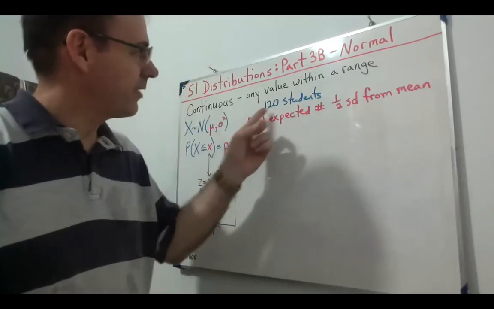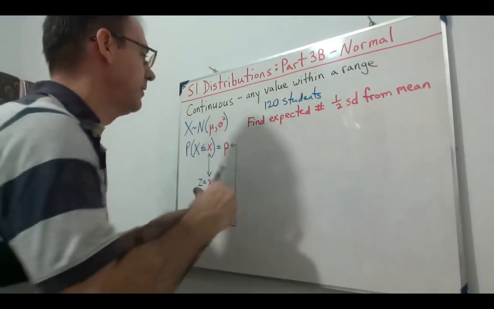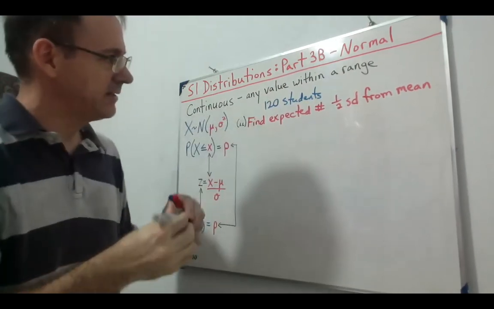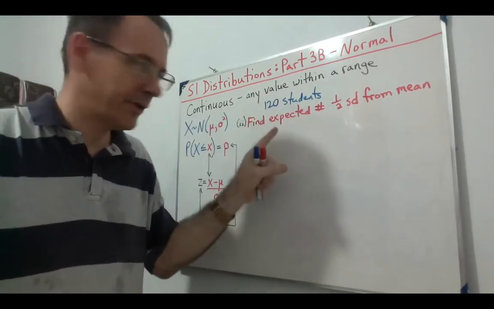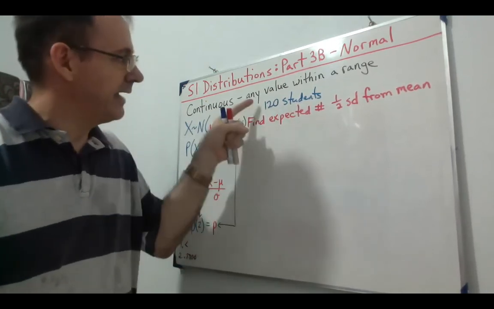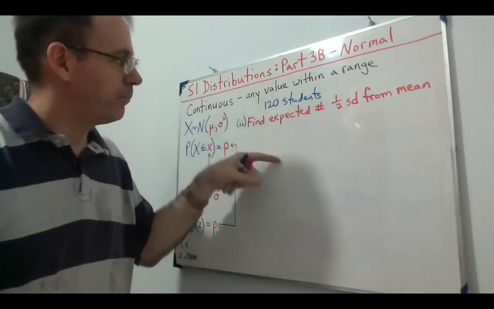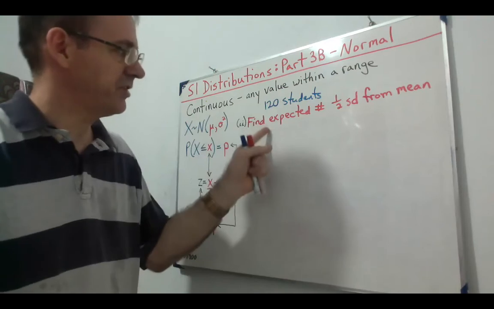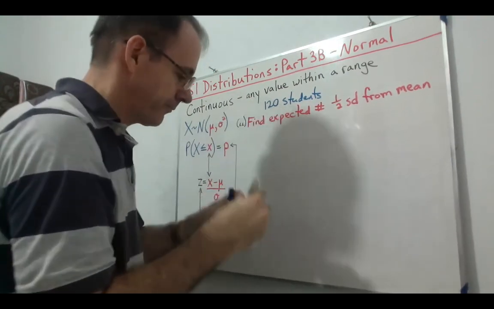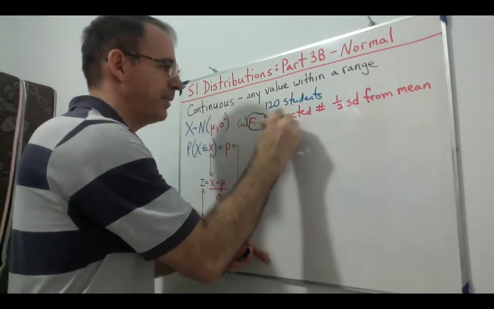Out of our 120 students, it says find, this was our part II here, we didn't do I, find the expected number. Remember, the expected number is the probability times the total number. So we have to find the probability and multiply it times the total number to get the expected number. So here's our keyword here: find an expected number.